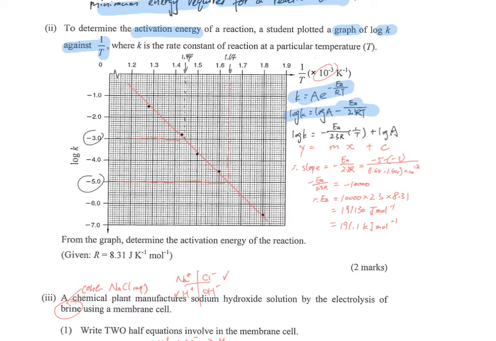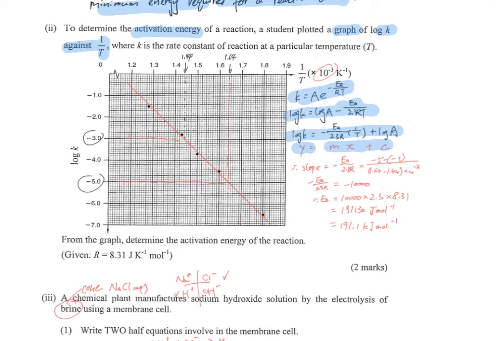After that we write it in a linear equation form: log k equals negative Ea over 2.3R times 1/T plus log A, which is similar to y equals mx plus c, where y is log k, m is negative Ea over 2.3R, which is the slope, and c is log A.